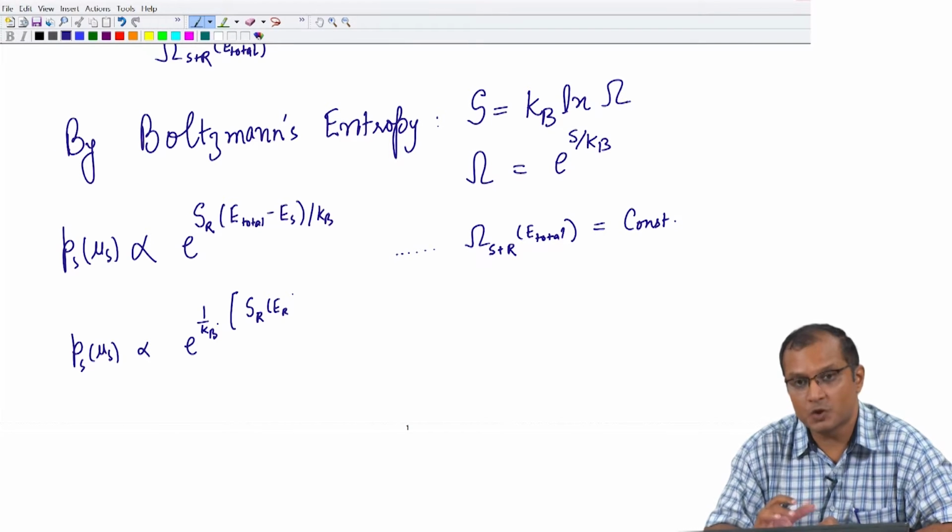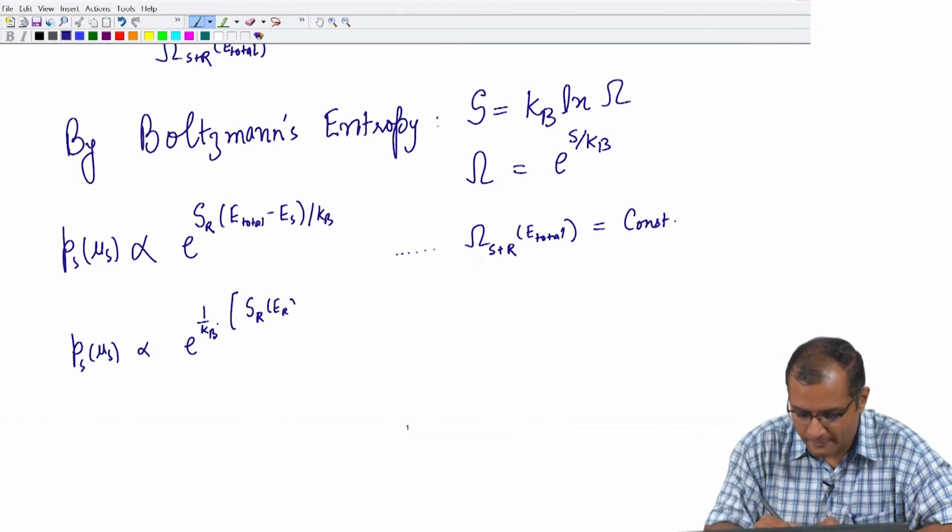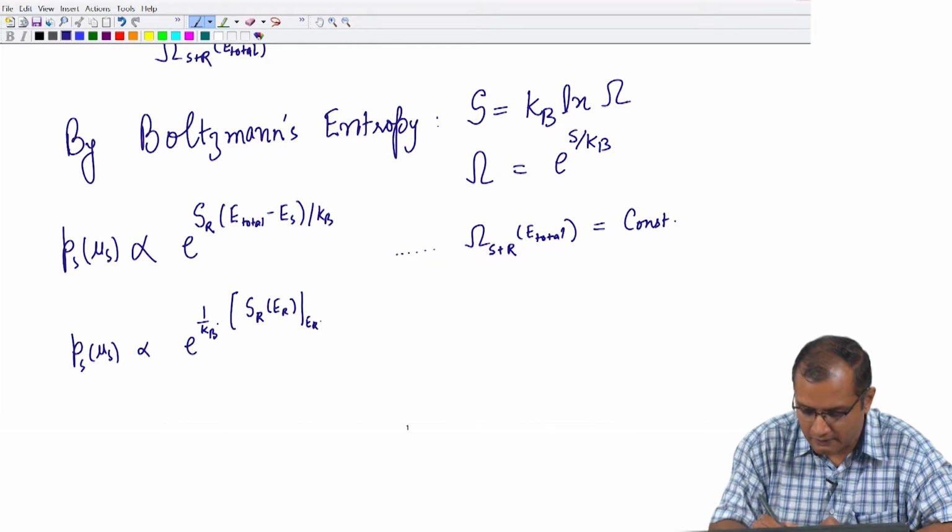So, I am going to expand the entropy around the reservoir energy at E r equals E total.